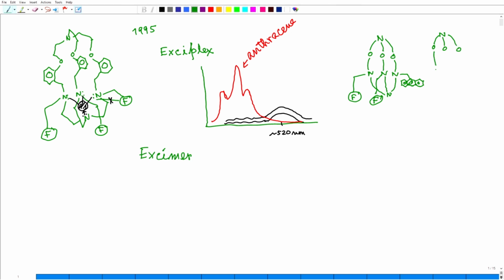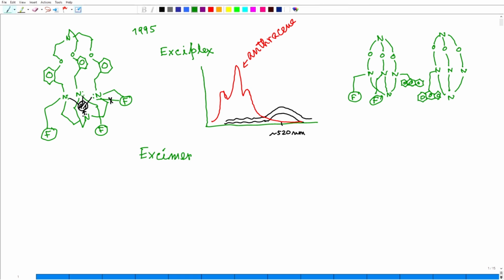Another molecule can come. Let me bring it, just for the argument's sake. Okay. So, I put these molecules close to each other.